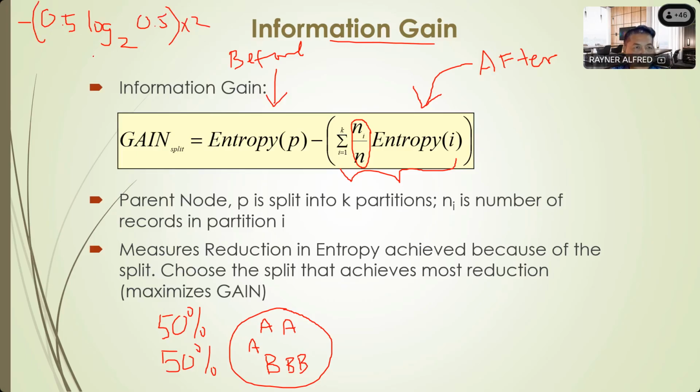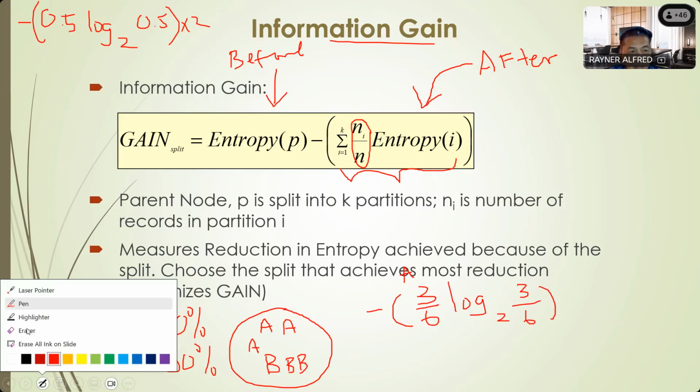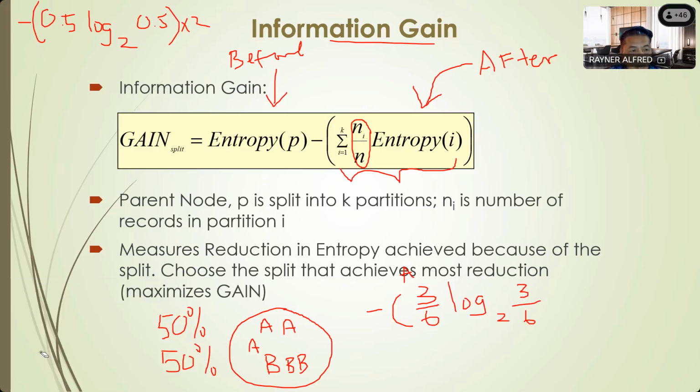Do you understand how to get this? Basically for this one, we have 3/6 log 2 3/6, which is for A, and then plus 3/6 log 2 3/6, which is for B. So this is similar to that, right?